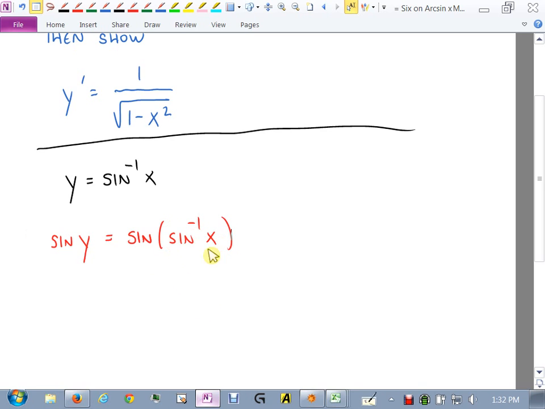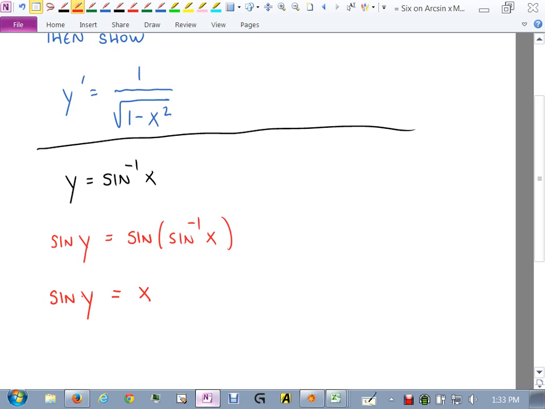What does the right-hand side spit out? What happens if you put sine together with arc sine? They cancel out, right? Because they're inverse functions. They undo each other. So what falls out of the right side is just x. And what's on the left side is sine y. We okay with that?